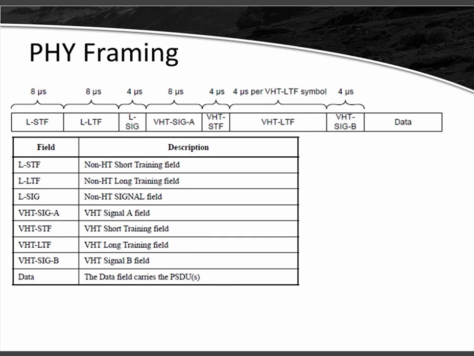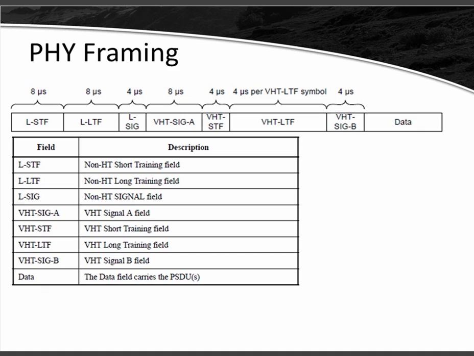Now, in addition to the MAC layer framing, it's important to know, as I said, there is PHY layer framing. And I'm not going to go into tremendous detail about PHY framing today because it can get really complicated, but let me give you the high-level overview of what's going on here. First of all, on the far right, you see the data. Well, the data, as you can see, is simply stated as being data.